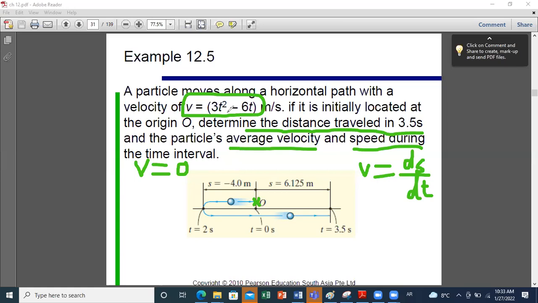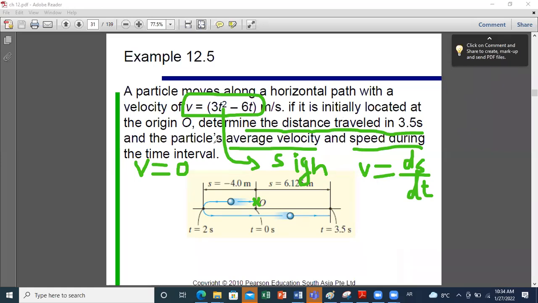So one good thing to do whenever I want to find the total distance traveled is to study the sign of v. If you want, this corresponds to solving v equals 0, and then determining between the solutions if I have a positive or negative sign.